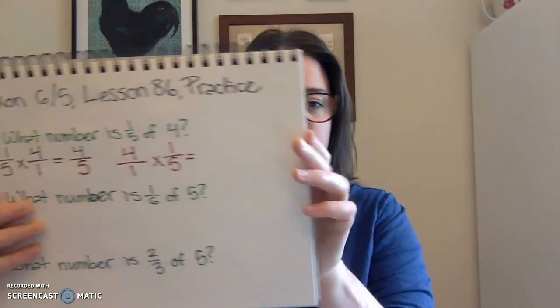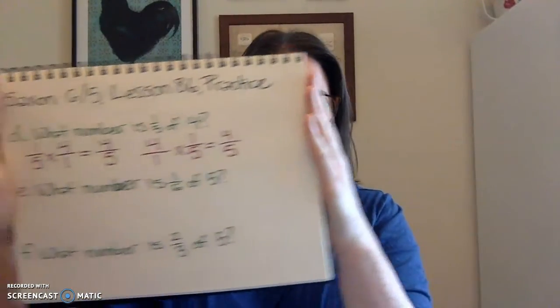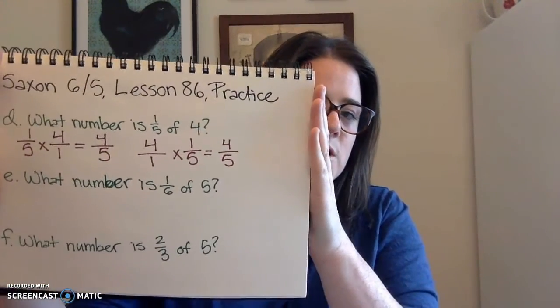If I wanted to know what 4 times 1/5 was, I still make 4 into a fraction, 4/1, and I multiply it by 1/5. I would write it that way with my factors in the reverse order. 1 times 4 is still going to be 4. 1 times 5 is still going to be 5. So even with my factors in the opposite order, I still get the same product, 4/5. Remember, that's the commutative property of multiplication.